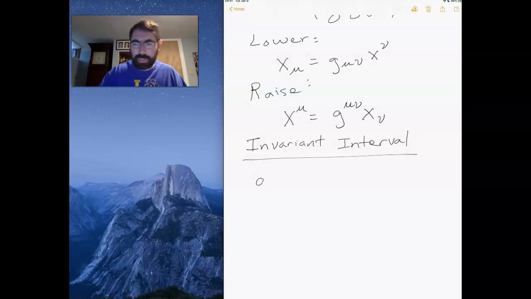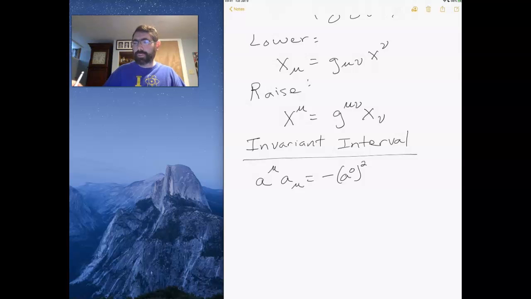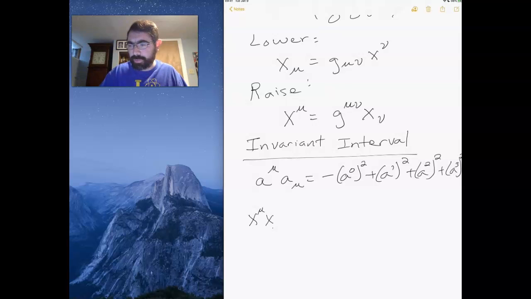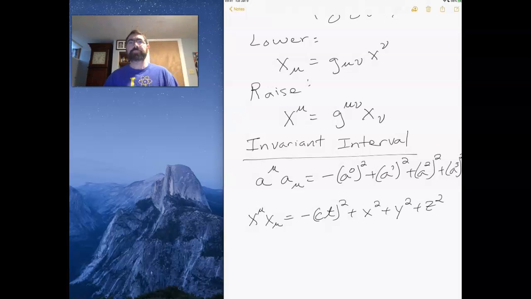In this case, a mu times a mu is going to be minus a0 squared plus a1 squared plus a2 squared plus a3 squared. So if we did this with our spatial, so let's say x mu times x mu is minus ct squared plus x squared plus y squared plus z squared. So that is our space-time interval.